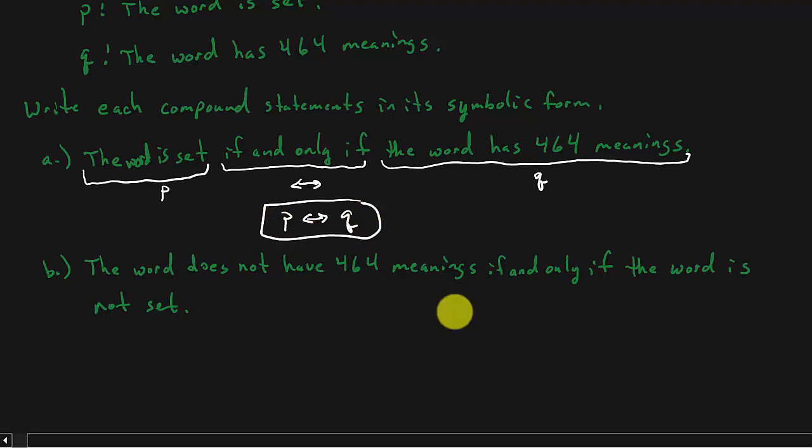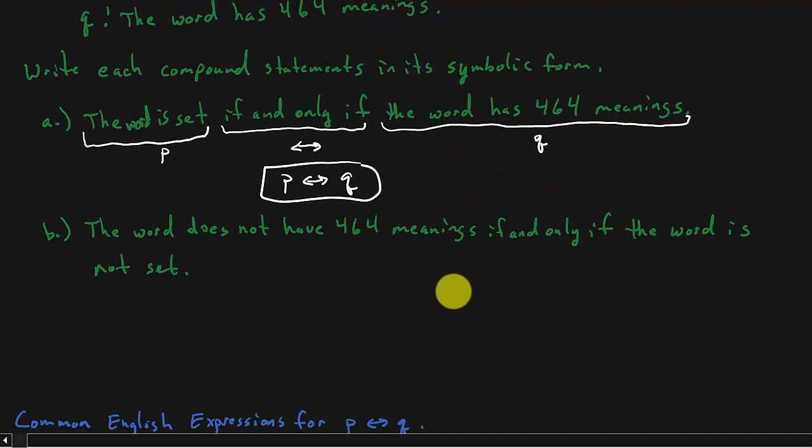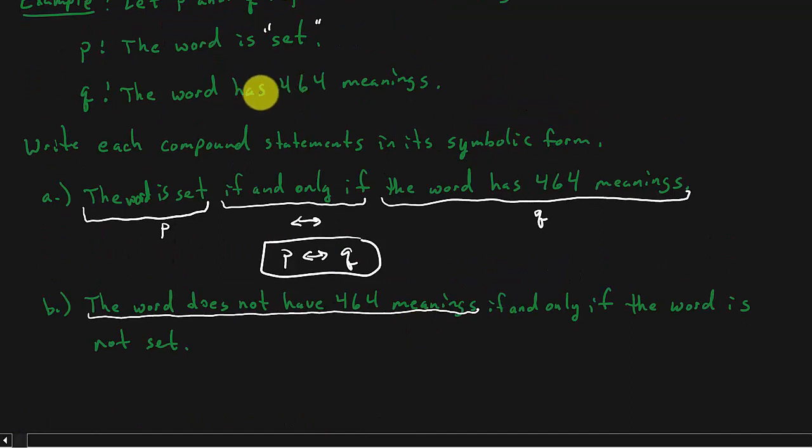All right, so what about this one? The word does not have 464 meanings if and only if the word is not set. The word does not have 464 meanings: that's Q, but we have the not here, so that's not Q. And then the word is not set: P is the word is set, but it says not set, so this would be not P. Then we have our if and only if symbol.